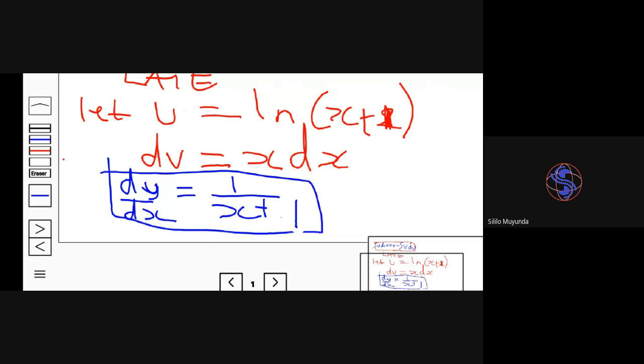From this expression, we need to make dx the subject of the formula.